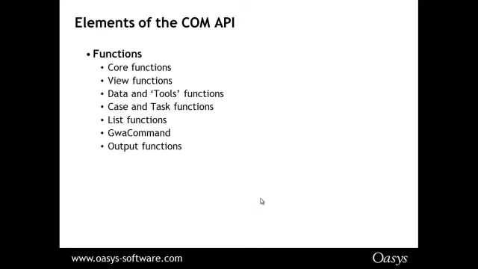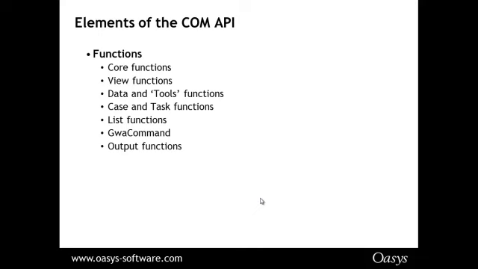View functions are to do with enumerating views, saving saved views to file and printing them. Data and tools functions are to do with manipulating or creating some entities within GSA, for example nodes, or for meshing regions, or for querying member element relationships.